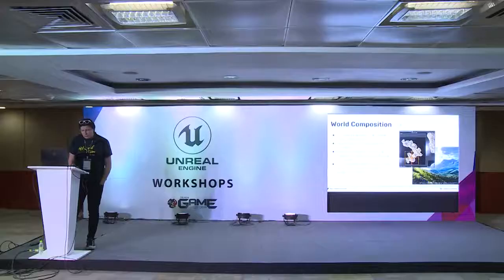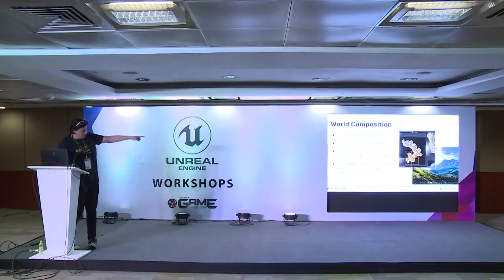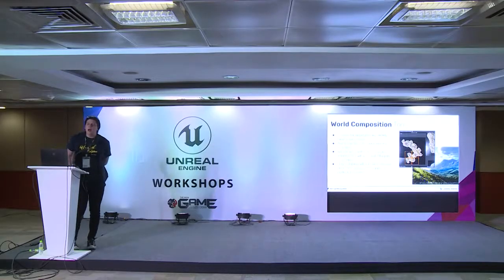Now, the world composition tool is a pretty powerful little tool. This is something that we use for large open worlds. What it essentially does is that each of those little grid cells forms its own little mini sub-level. And whenever you click on one, you can just load that level. It means that as a player moves through the world, they seamlessly move between all of those levels, which is really powerful because we can stream levels in and out under the hood just by looking at their XY position.